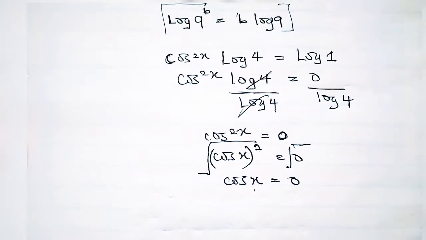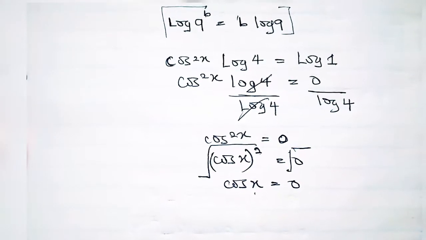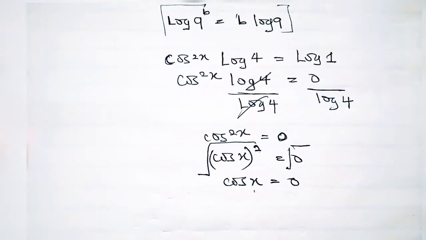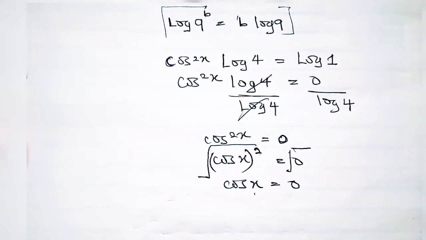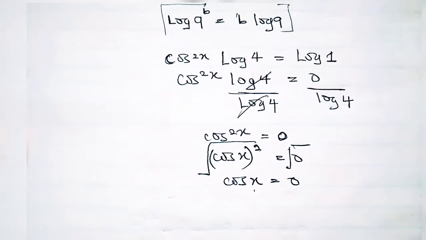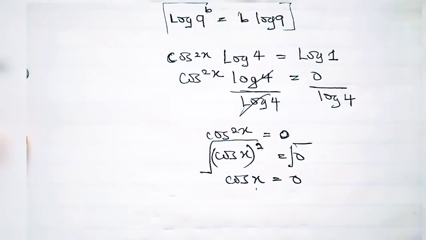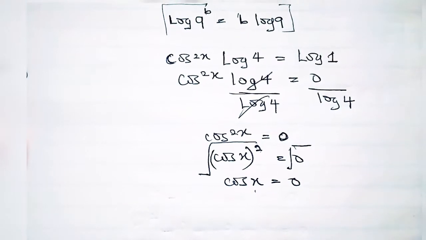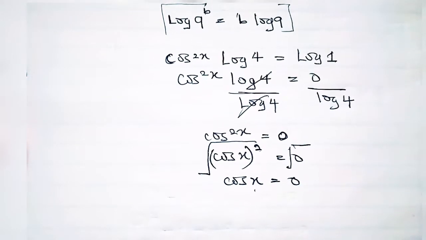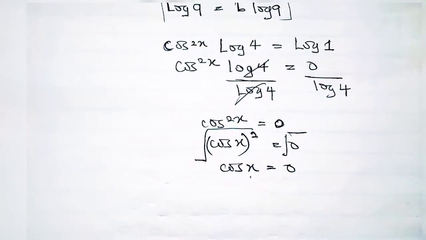So what is that value that I can substitute for x that will make the cosine of that angle equal to 0? I can only think of one value to be 90 degrees, and in radians, 90 degrees is pi over 2, but we don't actually need the radians form, we just need the value of x.